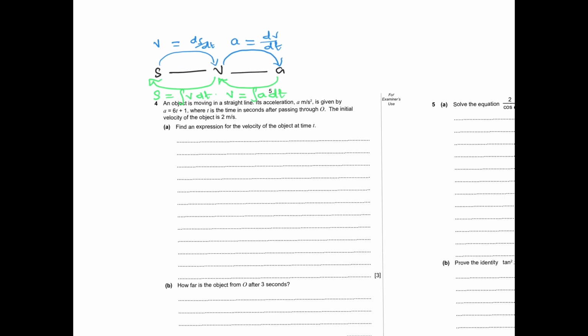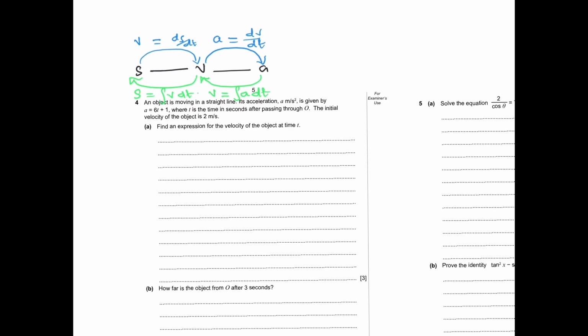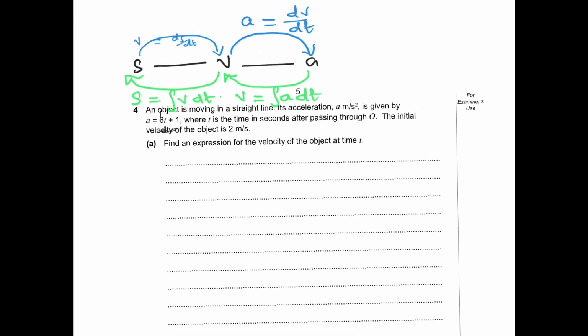So that is what we need to know here. In this case, we are given the expression for acceleration, and we have to find the expression for velocity. Okay, so this is where we are. We want to get the expression for velocity. So what then do we do in this case?